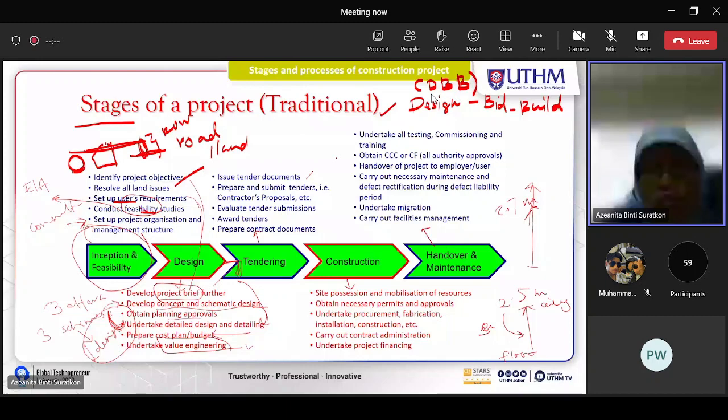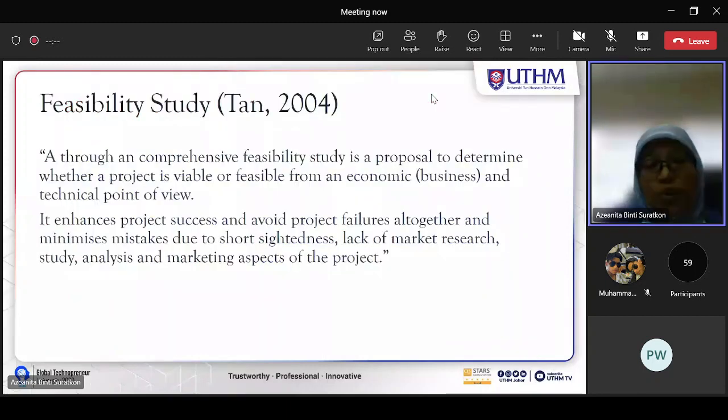Normally, the one who is going to prepare the tender documents is actually the QS. So the QS will compile everything: the drawing, the spec, the BQ, everything in the tender documents.